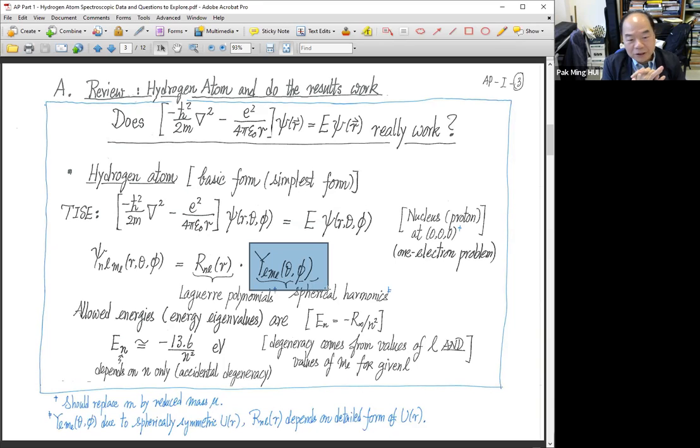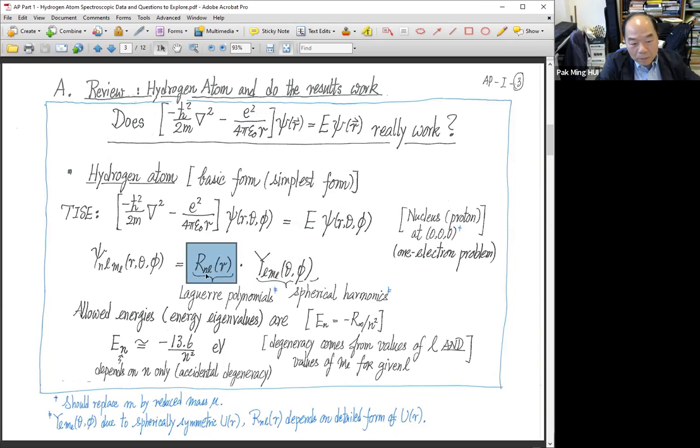The nice thing about this part is that it doesn't depend on the detail of the potential form, not depending on Coulomb. It only depends on U(r), spherically symmetrical. Okay, so that's lovely. It means this part works for all spherically symmetrical problems. Coulomb only affects this radial part.